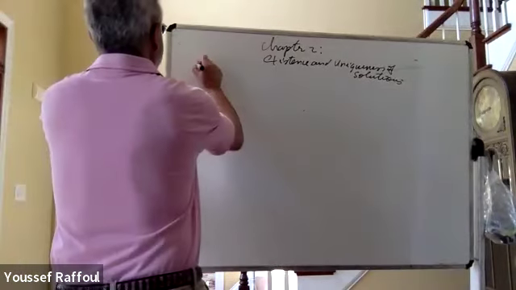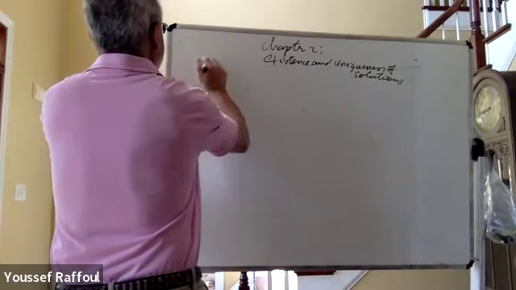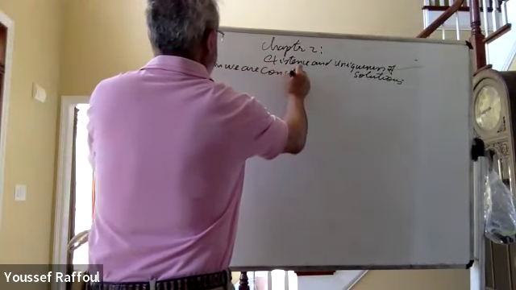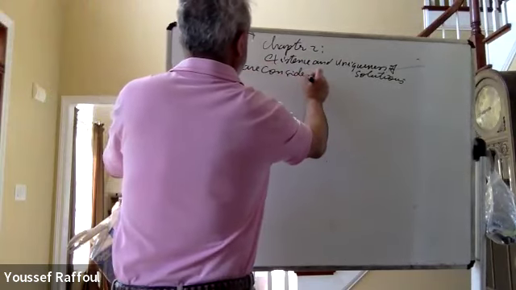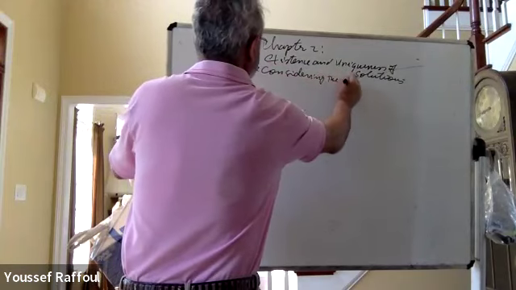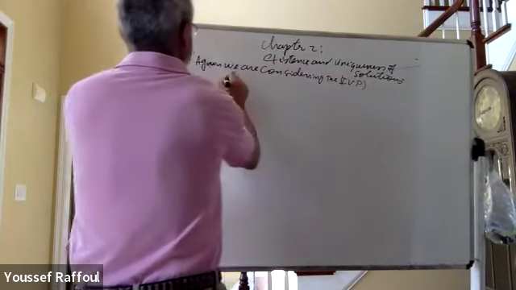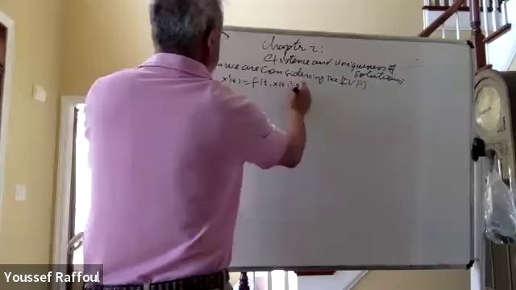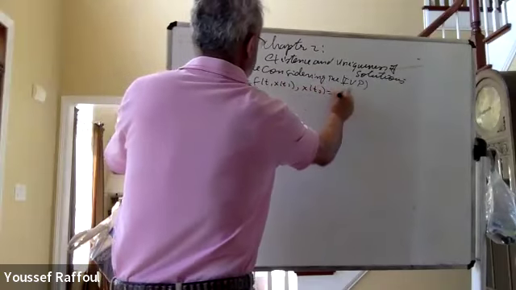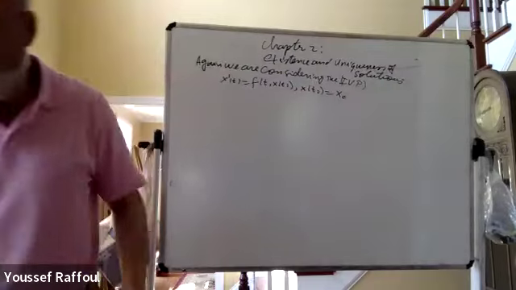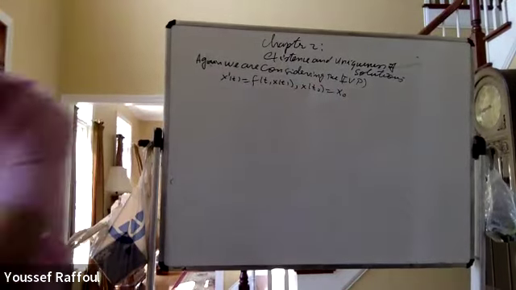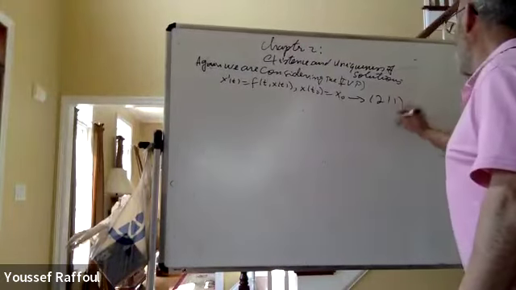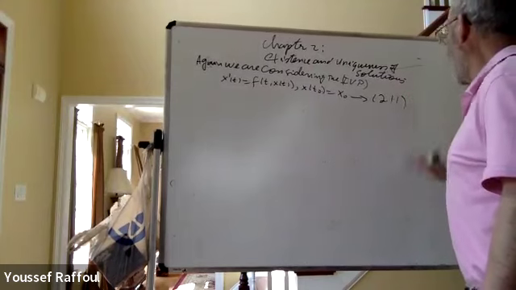All right, again, we are considering the initial value problem, x prime of t equals f of t, x of t, with x of t naught equal x naught. And I'm going to take a look at 2.1.1.